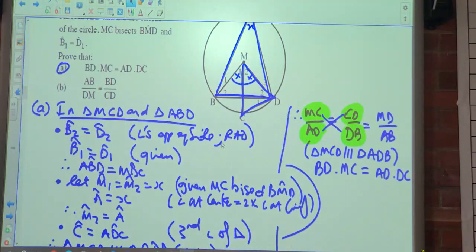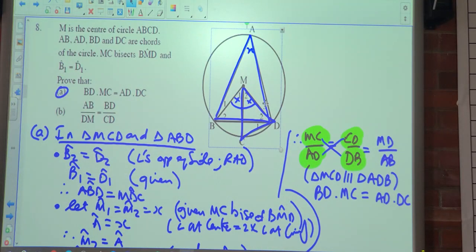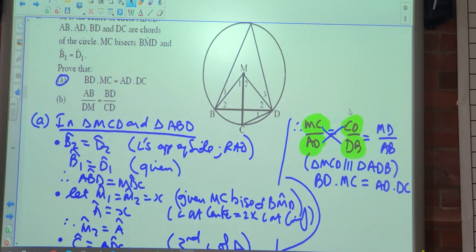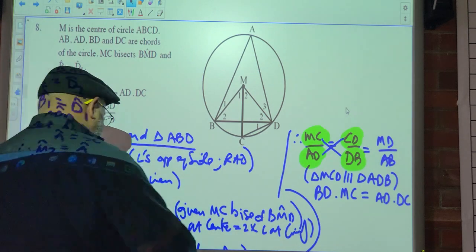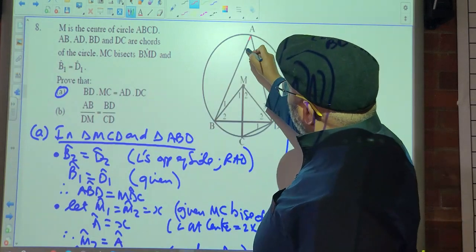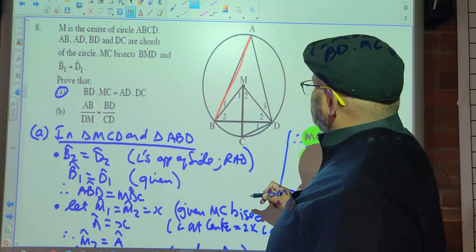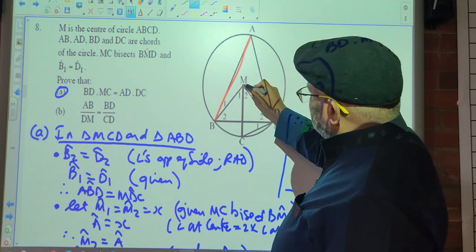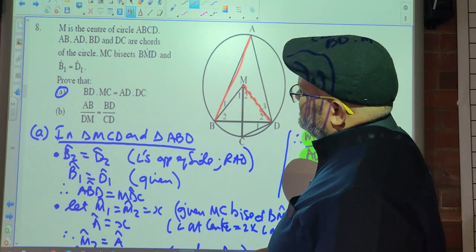So let's look at the second part of the question. With that in mind, they want AB over MD. That's definitely a different triangle.